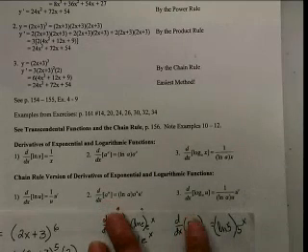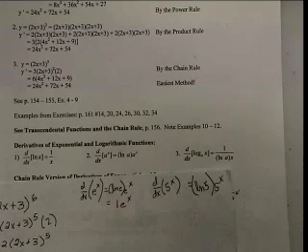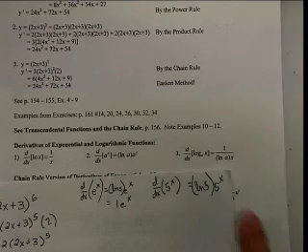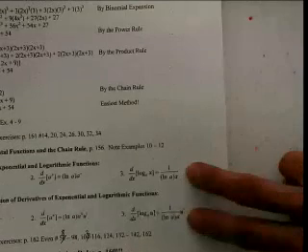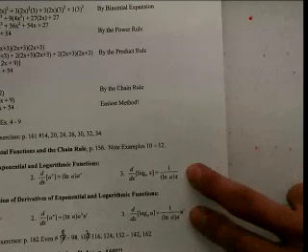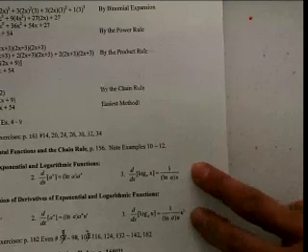Yes, sir? Why did you go from log base x to natural log of the base? You have the derivative of log base x equals 1 over the natural log. How did that switch? That is what I would have to show you by the definition.